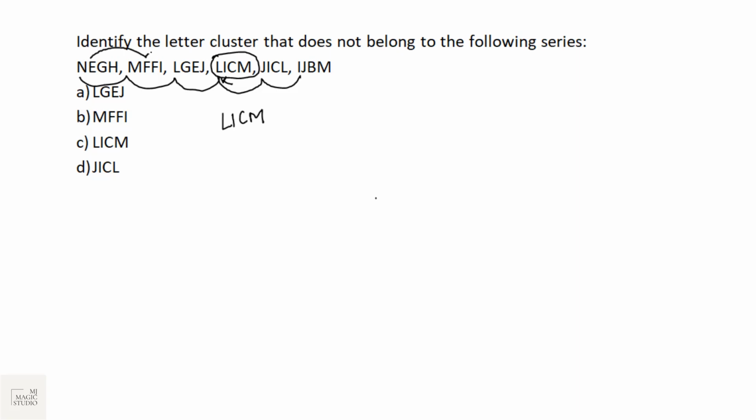E, F, G, H, it should be H, then I, J, bingo. LICM is the letter cluster which does not belong to this series. Option C is the pick.